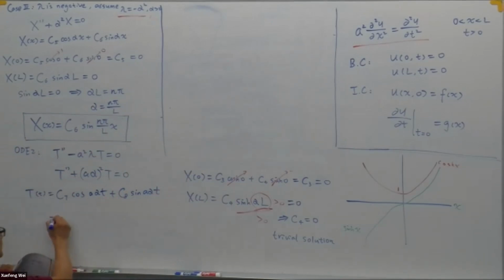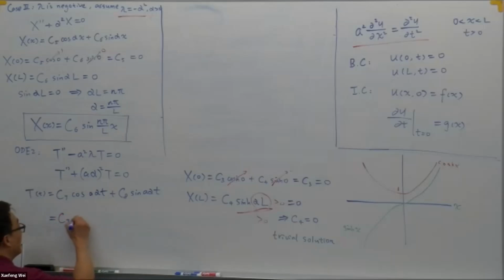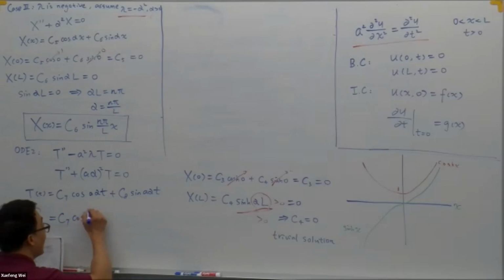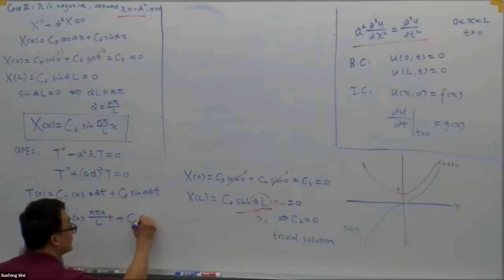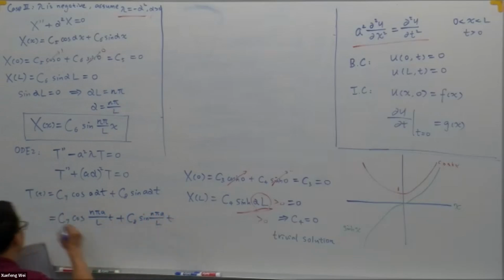Of course, we already determined alpha is n pi over L. So it's going to be C7 cosine of n pi a over L t, plus C8 sine of n pi a over L t. Okay, so that's my T of t.